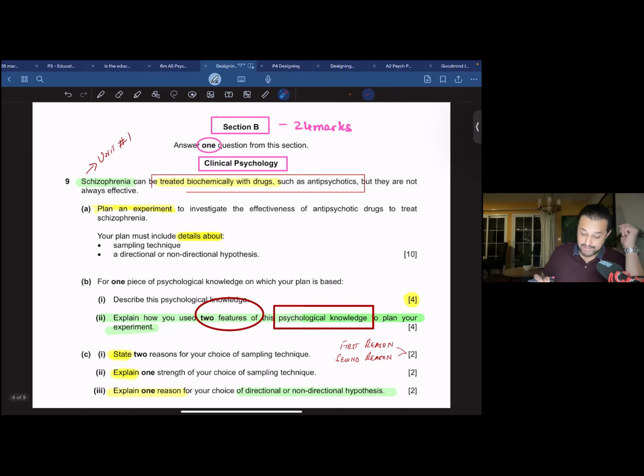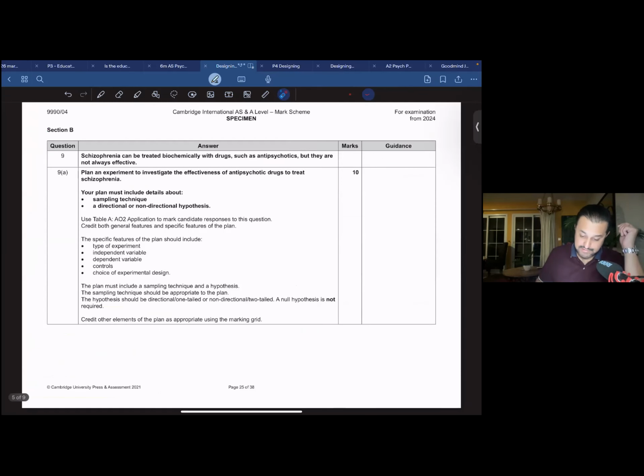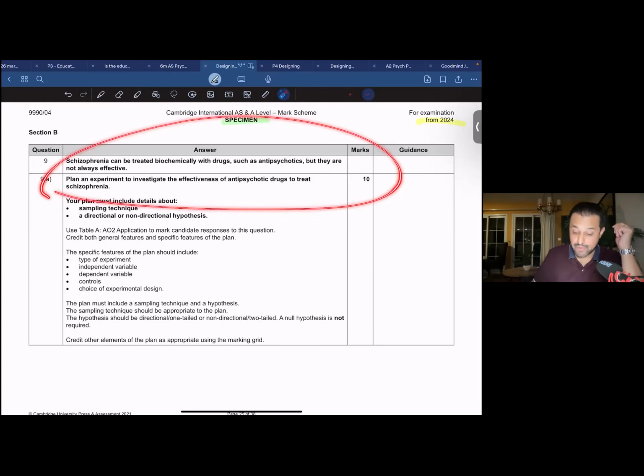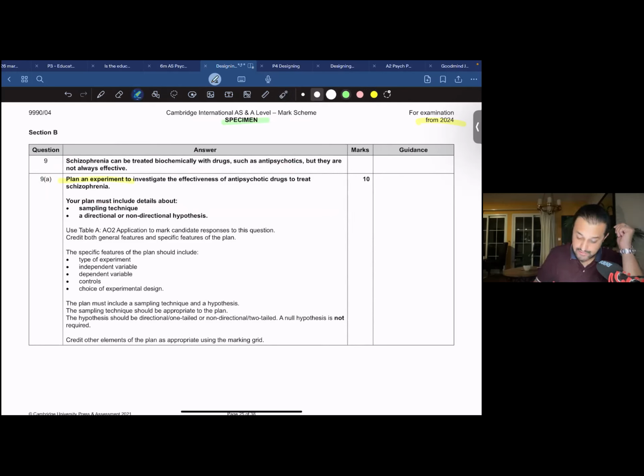Now, taking this ahead, this is the marking scheme published by Cambridge from the specimen paper. This was the question again. Schizophrenia can be treated biochemically with drugs such as antipsychotics, but they're not always effective. Plan an experiment to investigate the effectiveness of antipsychotic drugs to treat schizophrenia.